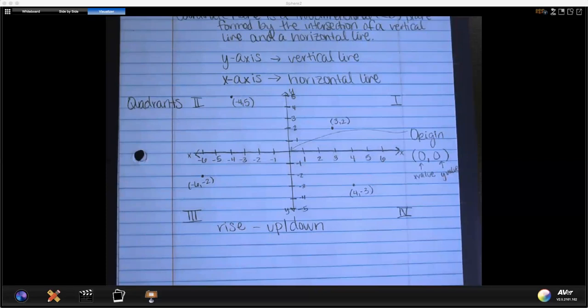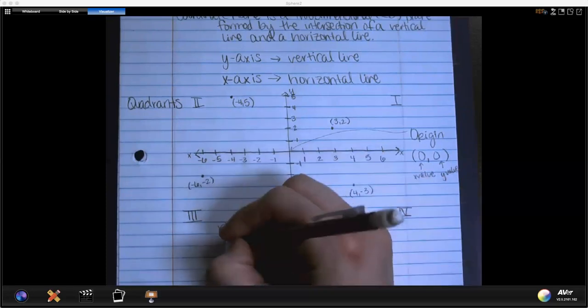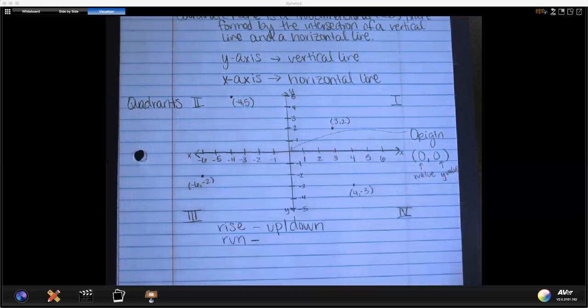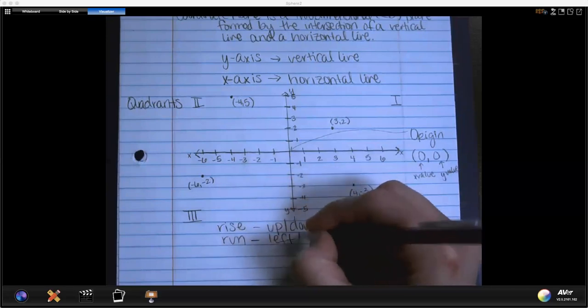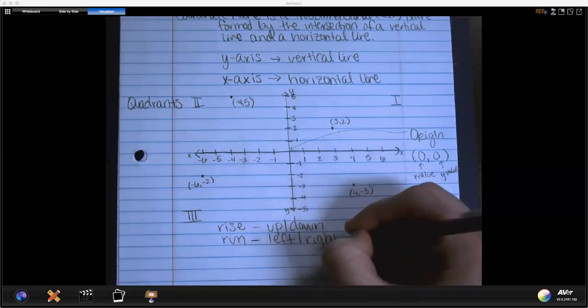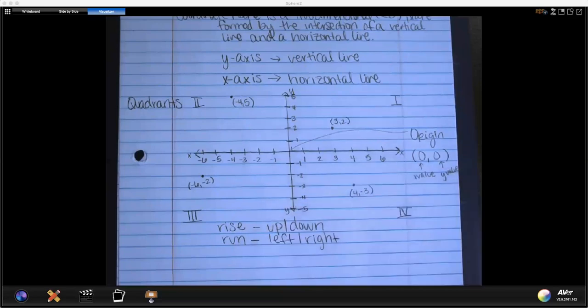But think of sunrise, the sun comes up. And then run, typically you run left or right. You don't typically run up or down. Unless you drink Red Bull and have wings, you're not flying up or running up. Running left or right.